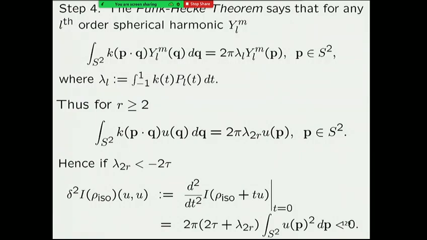Okay, so I'm going to calculate the second variation around the isotropic state, which is the second derivative at t equals 0, and then one term you get is from this calculation, which is the lambda_2R times this, and then you get the expression from the rest of the energy, and that tells you that, assuming this expression is negative, the second variation is negative.